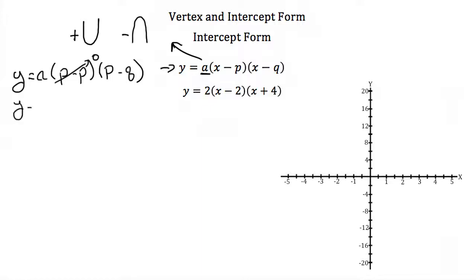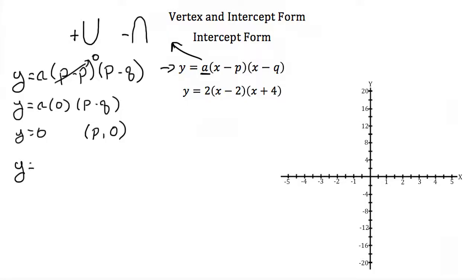So if I have y is equal to a times 0 times (p minus q), it doesn't really matter what a, p, or q are because I'm multiplying them by 0. So y would just be 0. So if y is equal to 0 when I plug in p, I would have the point (p, 0).